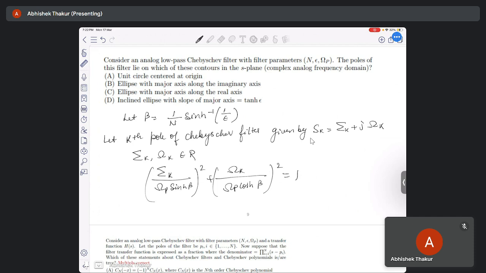Okay, so this is the equation of an ellipse, whose axes are along the real and imaginary axis.